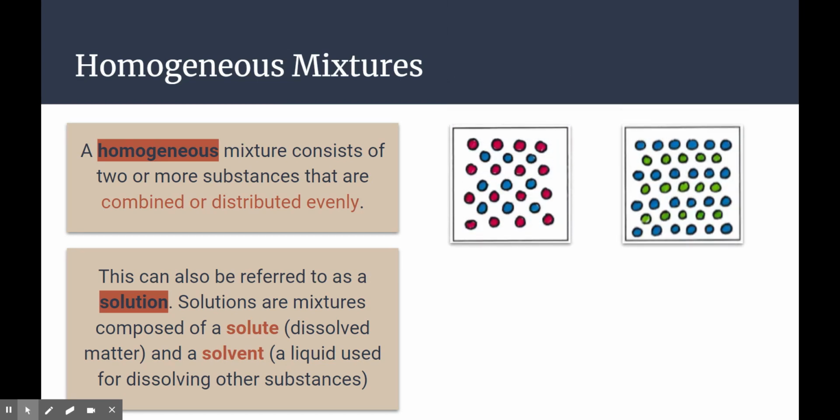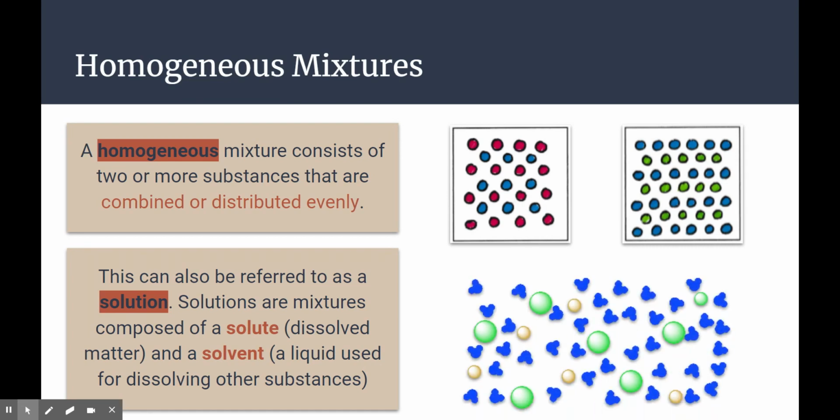Here are a couple of diagrams that show what a homogeneous mixture might look like if you zoomed in at the atoms. It might not be this orderly. However, you can see that the red and the blue atoms, or the blue and the green atoms, are pretty evenly spread throughout the box. Here's a diagram that shows salt water.